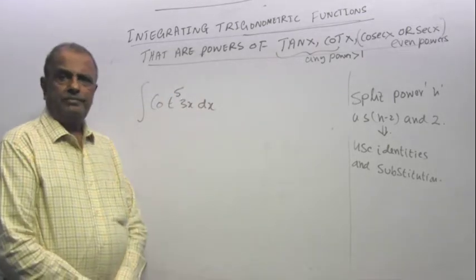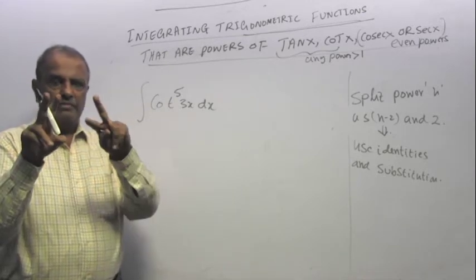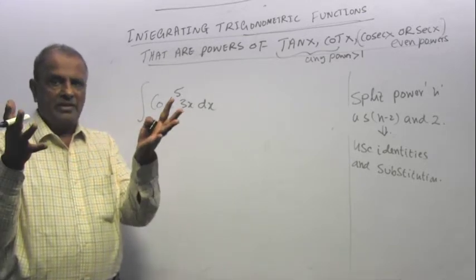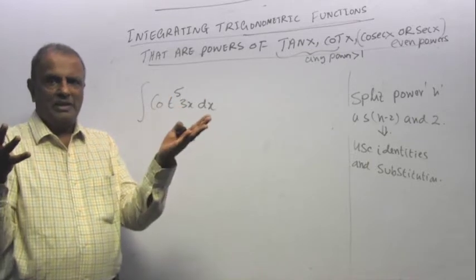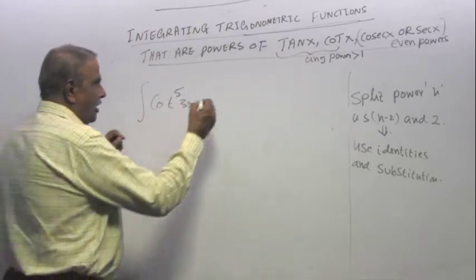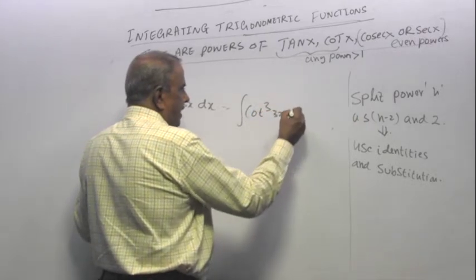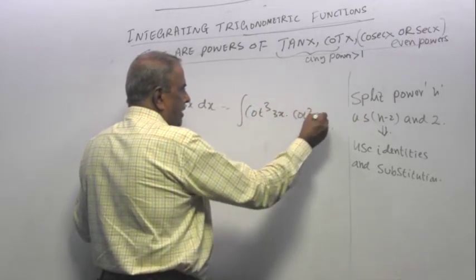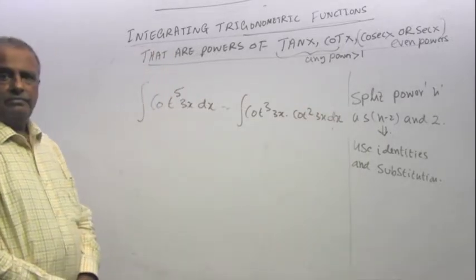Very good. What do we split them as? N minus 2 and 2. So it is cot cube 3x and cot squared 3x dx.